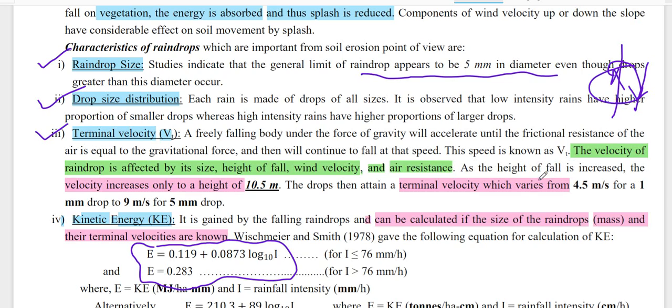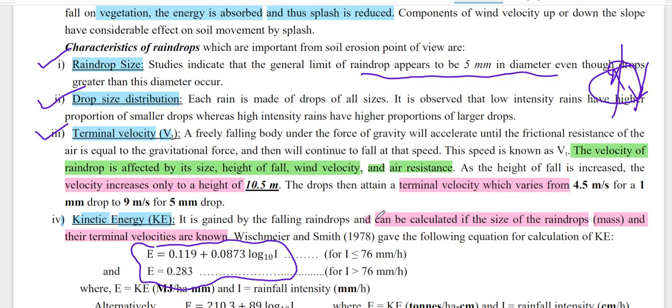It means that as height increases, the velocity increases, but after some time it will attain a constant velocity, which is called the terminal velocity. The velocity of the raindrop is affected by its size, height of fall, wind velocity, and air resistance also.